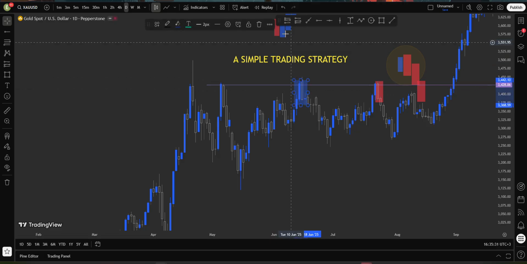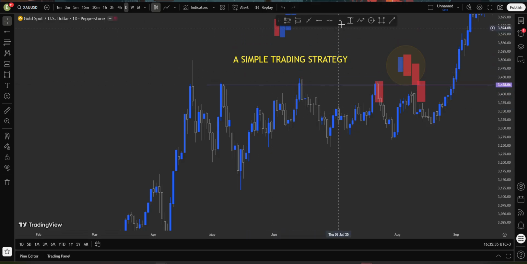After noticing this bearish engulfing candle here, what I do is I just wait. After it closes, I wait for any significant level up here, or I can enter the market from here.